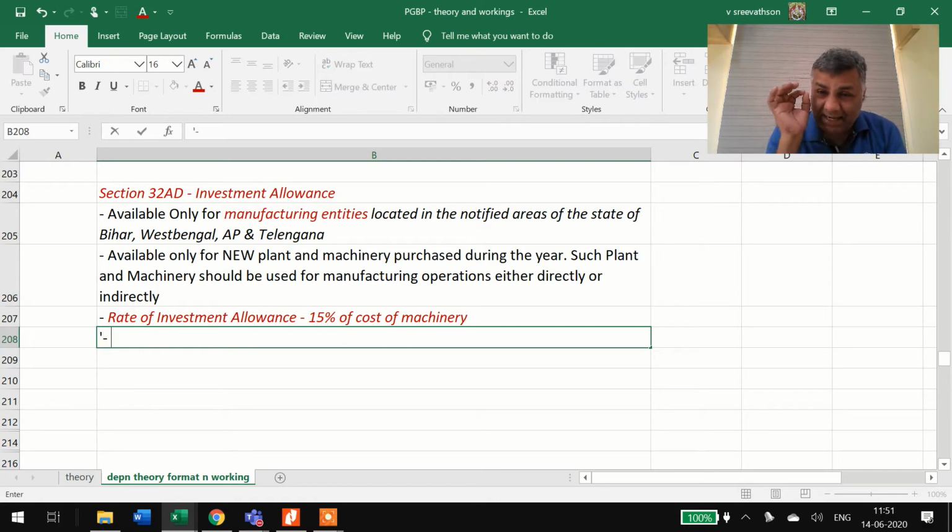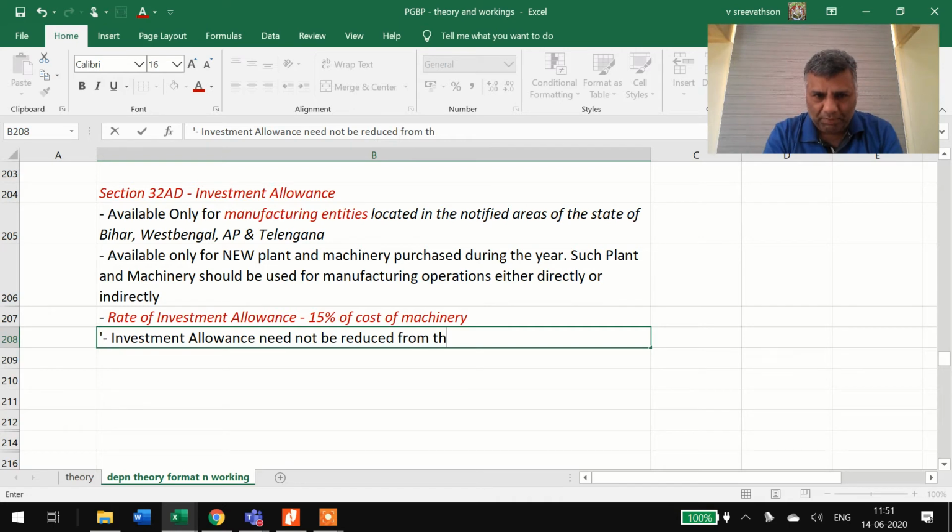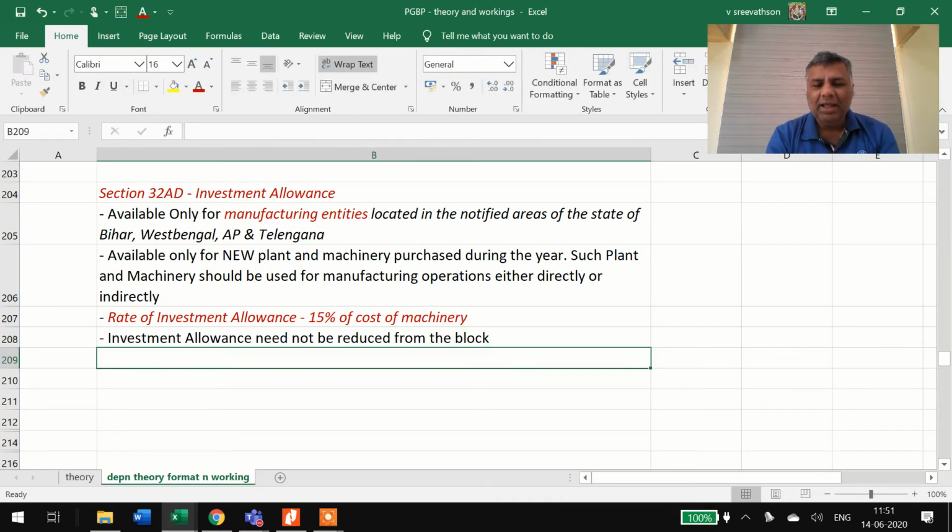And the second biggest advantage is, investment allowance need not be reduced from the block. It will not be reduced from the block at all.